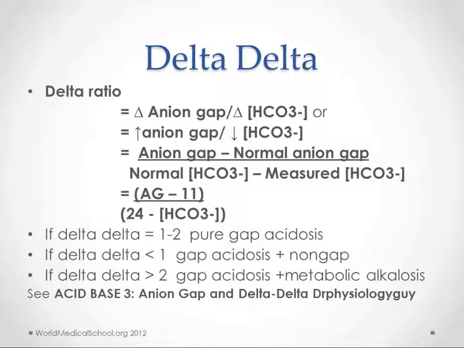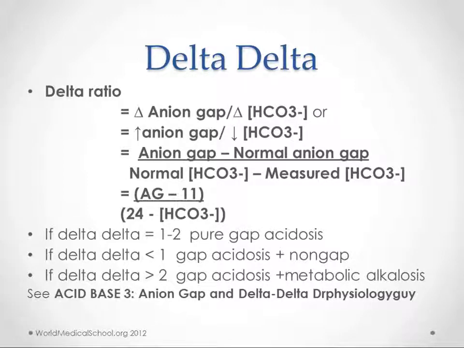So normally in a gap acidosis, the change in the gap is going to equal the change in the bicarb. So a pure gapped acidosis is going to be somewhere around 1 to 2 for your delta ratio.